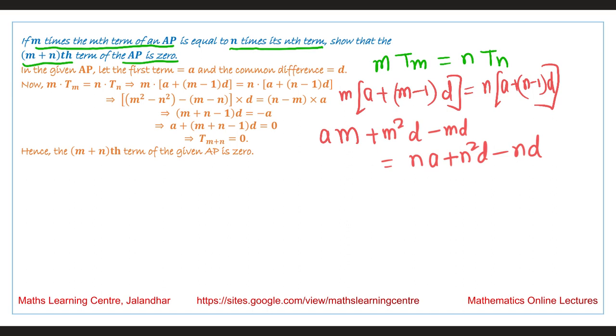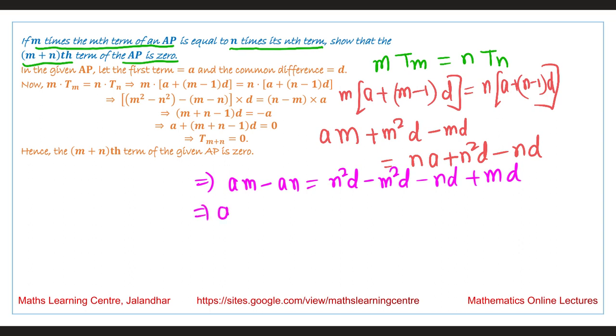Now this implies that am minus an is equal to n square d minus m square d minus nd plus md. This implies a into (m minus n) is equal to, taking d common from these terms, n square minus m square, and from here if we take d common, we are left with minus n plus m.